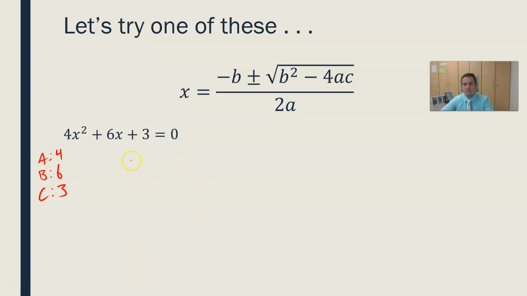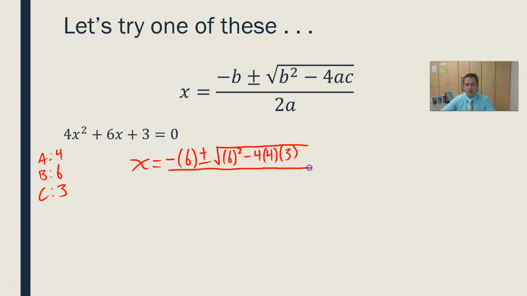Let me plug those numbers into the quadratic formula. x equals negative, parentheses, b, which is 6, plus or minus the square root of b squared, so parentheses 6 squared, minus 4 times a, which is 4, times c, which is 3, all over 2a, which is 4. I'm going to put all those a's, b's, and c's in parentheses there.